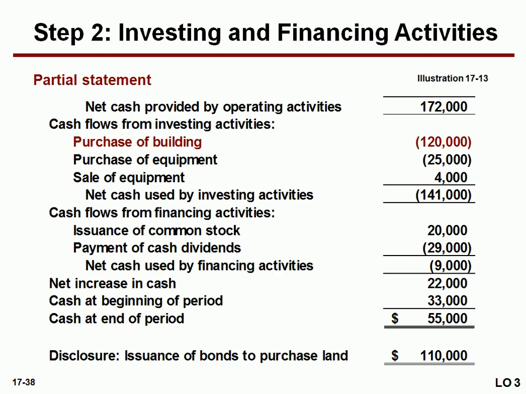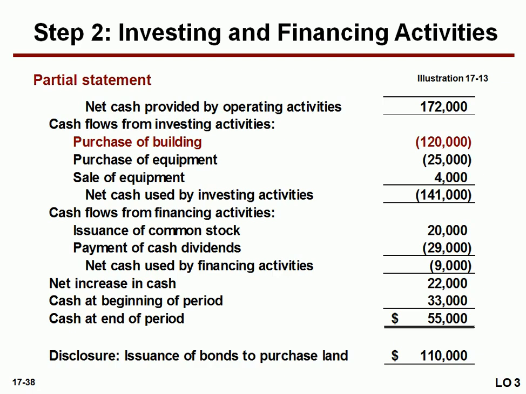And at the end, what we do is write net increase in cash and how it came. So let's focus on the whole partial statement. Net cash provided by operating activities, we got 172,000, and net cash used by investing activities, we got negative 141,000.